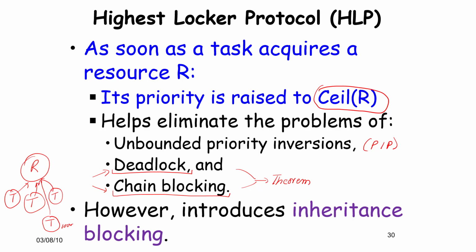Then this protocol will simply jack up the priority of the resource holder to 1000, which will allow it to monopolize the CPU, and all other tasks which have nothing to do with the resource will all get blocked.